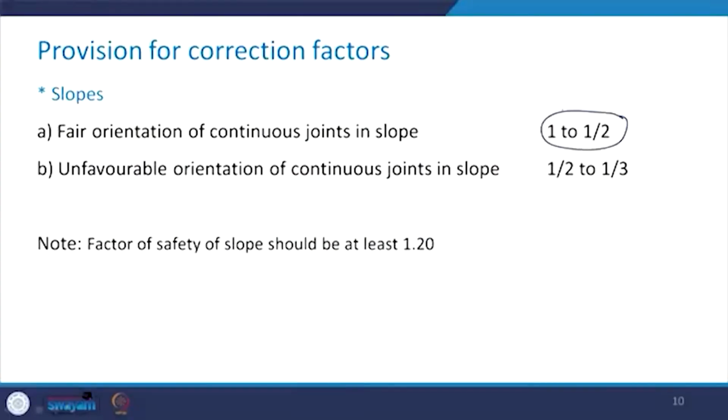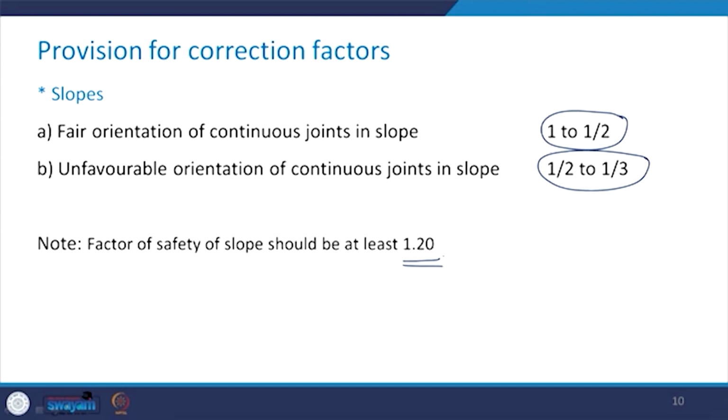In case of the footings on the slope, and if you have the fair orientation of continuous joints in the slope, the correction factors vary between 1 to 1/2, and in case of the unfavorable orientation of the continuous joints in the slope, these get to 1/2 to 1/3. Take a note here that in such cases the slope should be stable and its factor of safety should be at least 1.2.